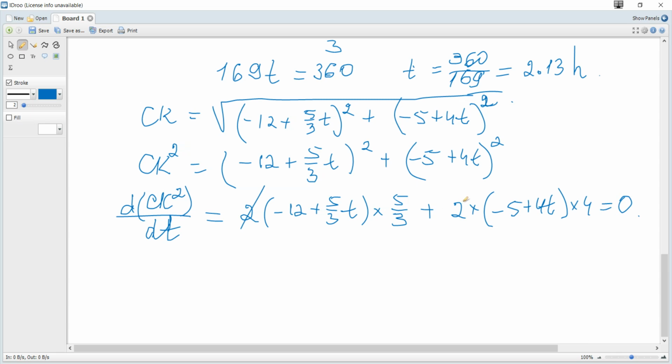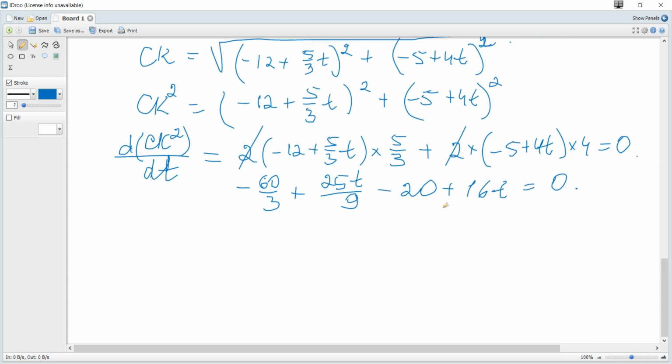We can cancel 2 and we get the next: negative 60 over 3 plus 25t over 9 minus 20 plus 16t is 0.